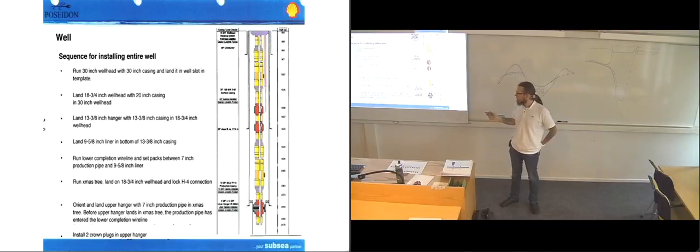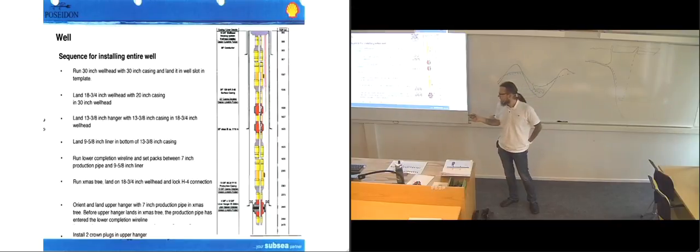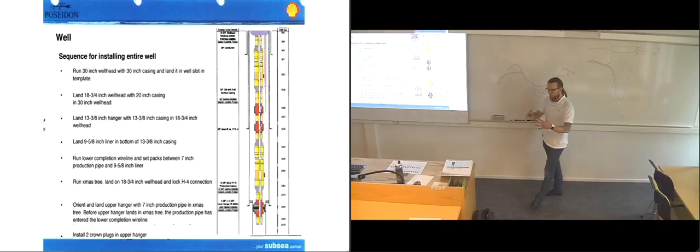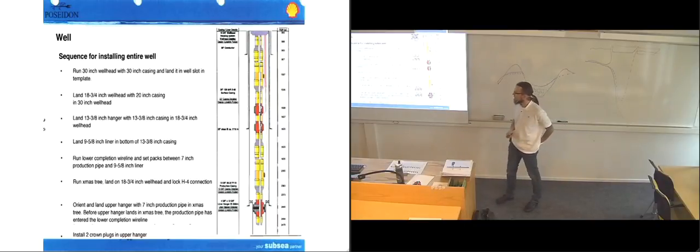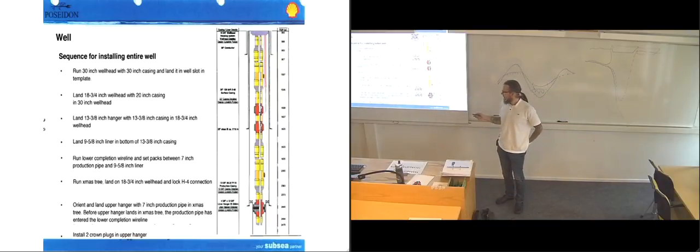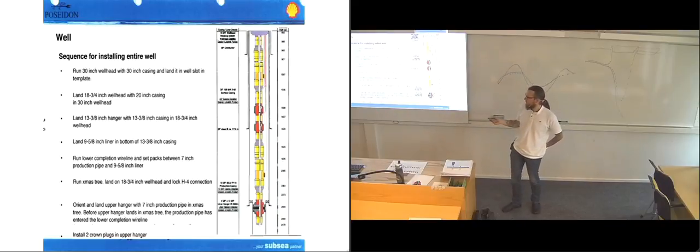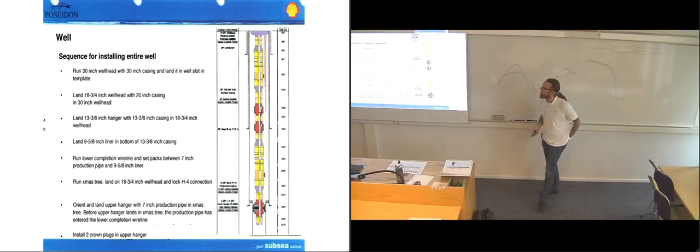Then they put the Christmas tree on it, and then they lock it with the H4 connection, which is the clamp part that locks it into place. And then they orient and land the hanger through the Christmas tree, and then 2 crown plugs in the upper hanger they put in here.